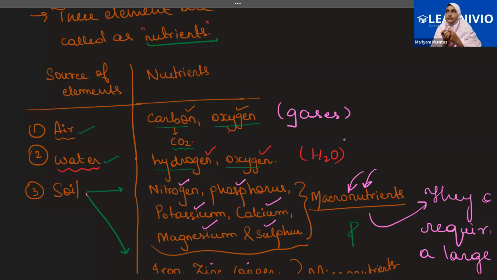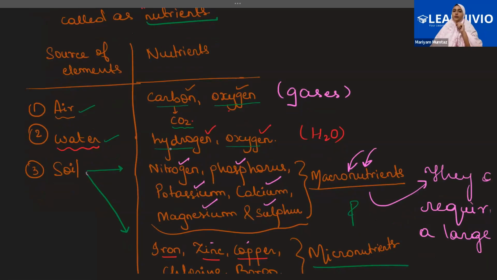In the soil, so that the roots can absorb it and give it to the plant. That water contains hydrogen and oxygen, and that is how the entire process of absorption of water takes place.